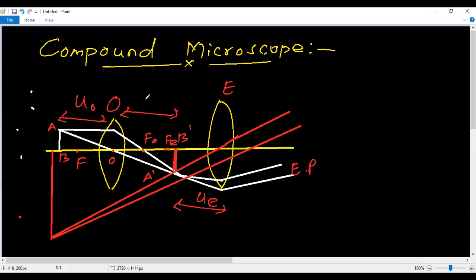At this point, VO. This is LDDV, the least distance of distinct vision, D. Based on these values, now we do the derivation.